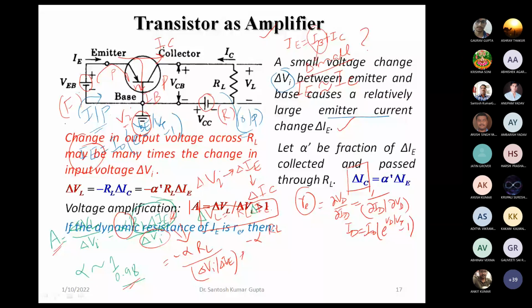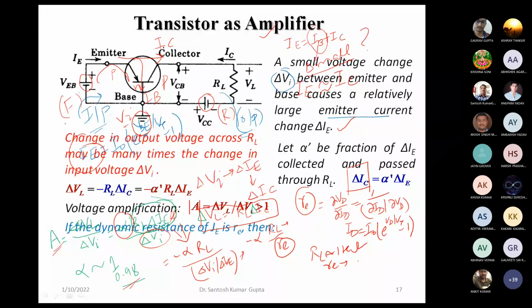Re, we have seen, the dynamic resistance of the forward bias junction is very small, of the order of a few ohms, like 10 ohms, 50 ohms, but not larger than that. Whereas RL we have in our hand. RL can be fixed to the order of kilo ohms, whereas Re is of the order of a few ohms.